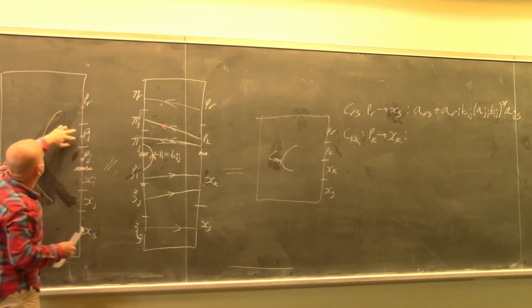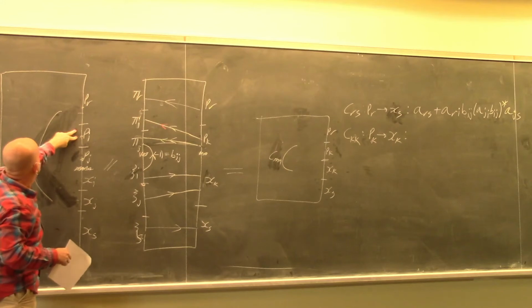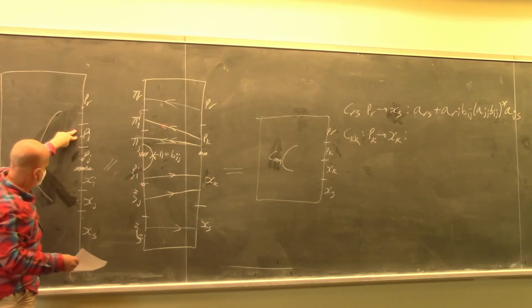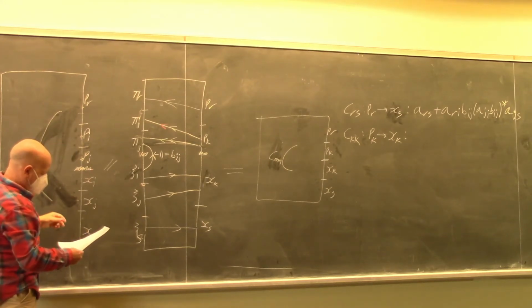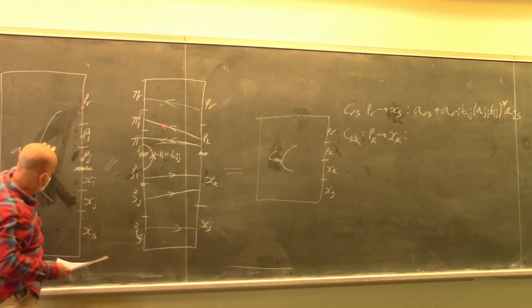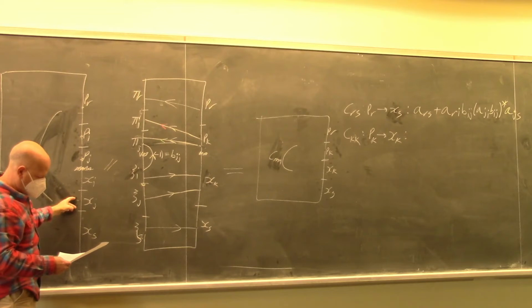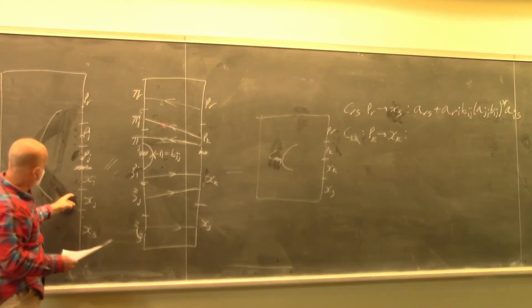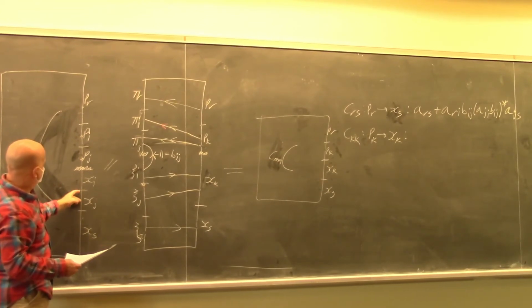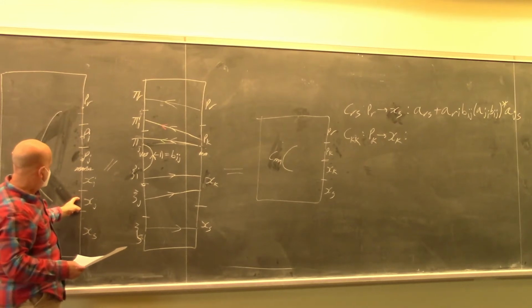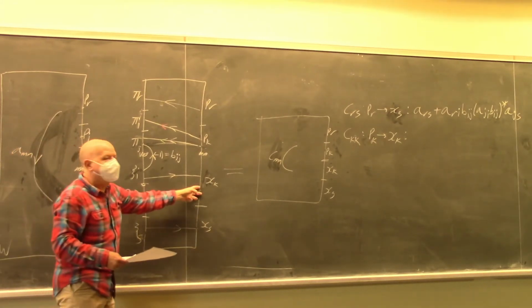Okay, what can I do? I'm at pi, I can go straight out to AJ, and then output from here.